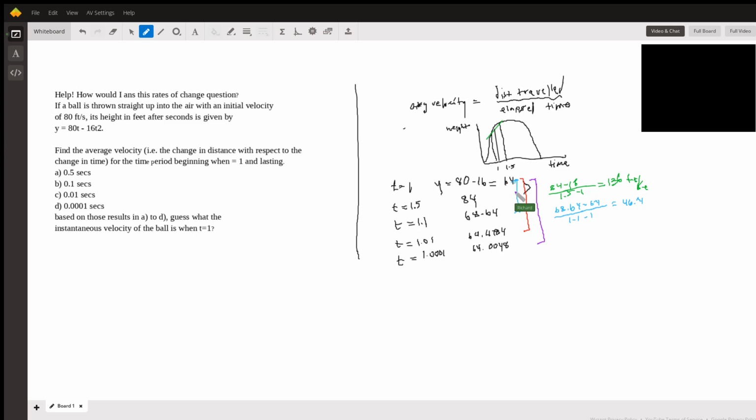So this is going to be 64.0048 minus 64, all over 1.0001 minus 1. So that's going to be 0.0048 divided by 0.0001. That's going to give me 48.